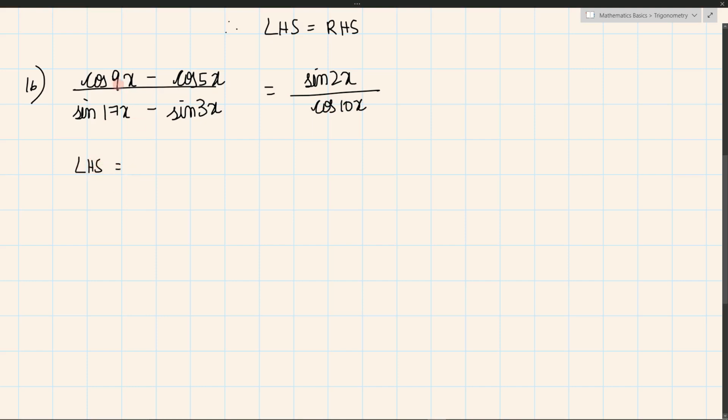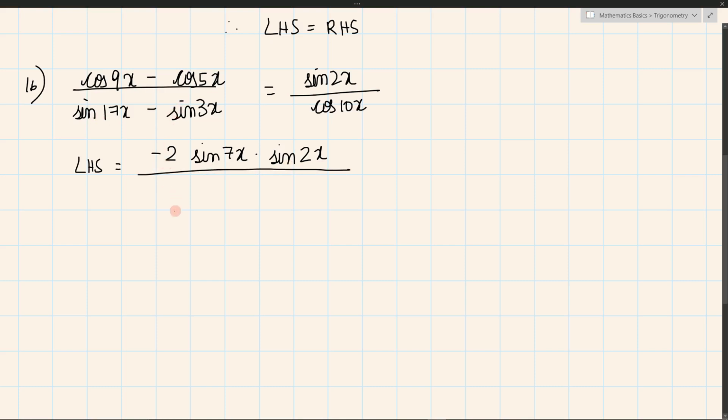This is in the form of cos A minus cos B. Cos A minus cos B is nothing but minus 2 sine of (A plus B) by 2, that is 9 plus 5 is 14 by 2 is 7x, into sine of (A minus B) by 2. 9 minus 5 is 4, 4 divided by 2 is 2x, whole divided by sine A minus sine B.